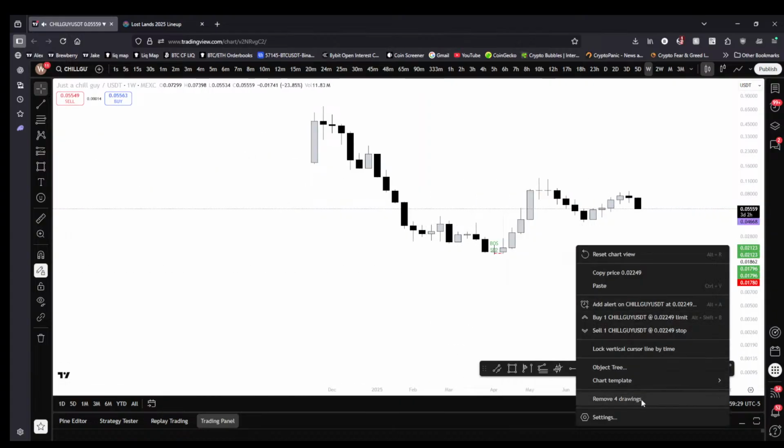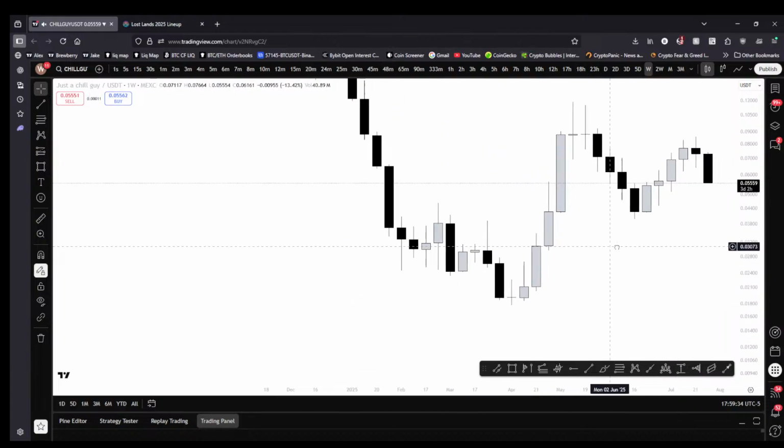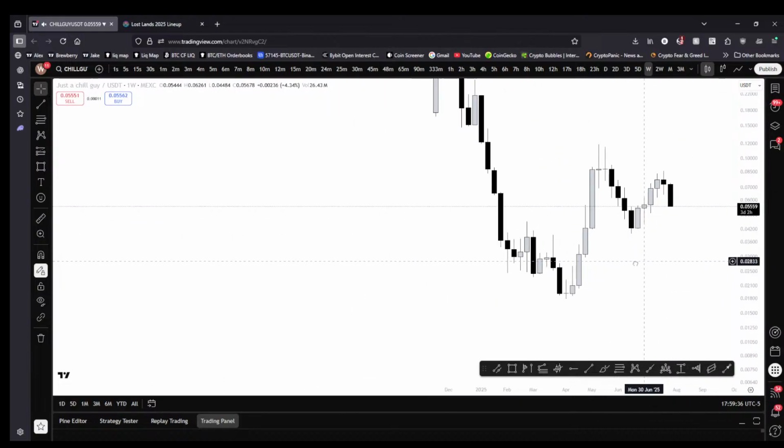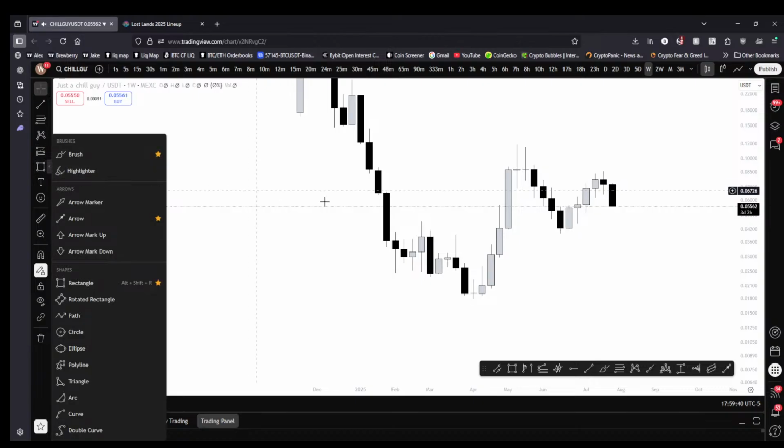Now, let's zoom out. So, let's look at weekly structure. We put in a high here. This does not count as a low because it's only one consecutive candle. 2 consecutive candles, we put in our low here.